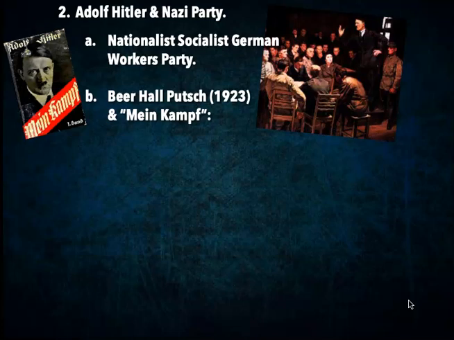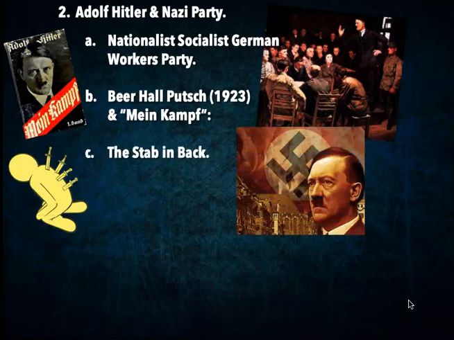While he's in prison, he writes a book called Mein Kampf, which means My Struggle. In this book, Hitler lays out his blueprint, his plan for a rebuilt Germany that will demand respect and will undo the wrongs of the Treaty of Versailles.